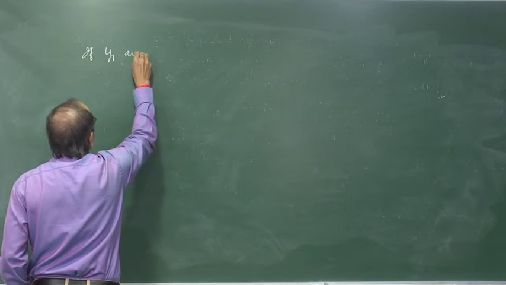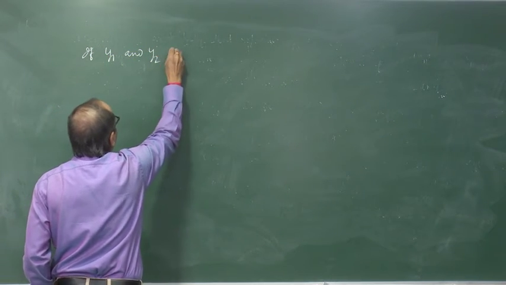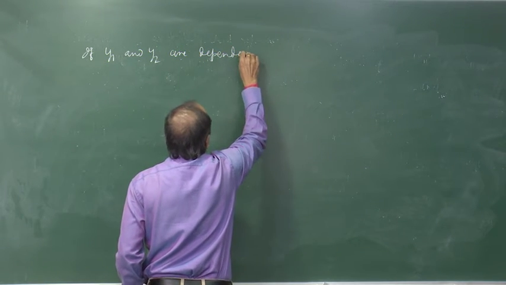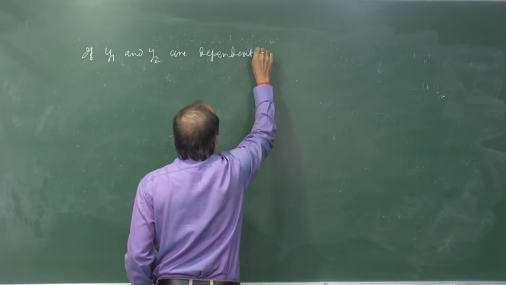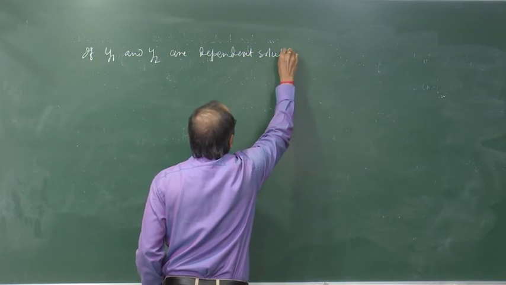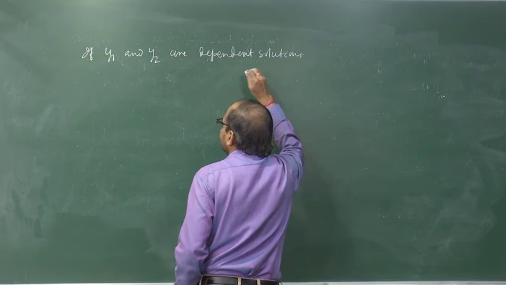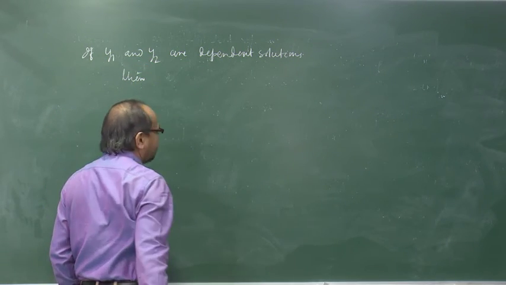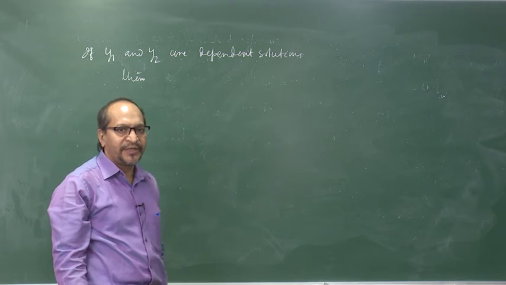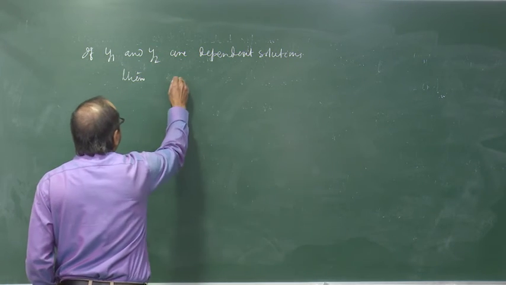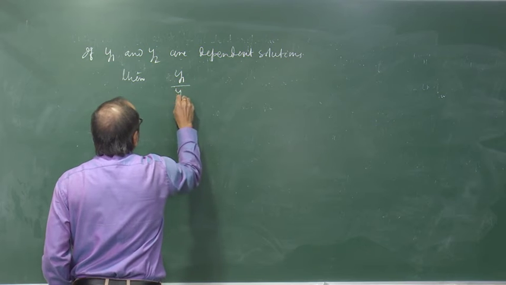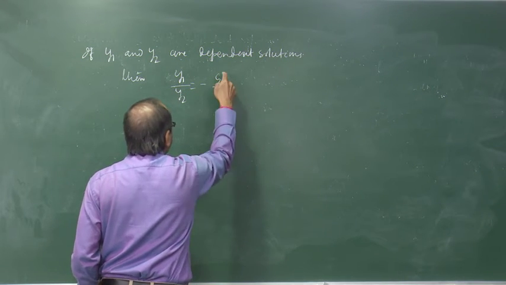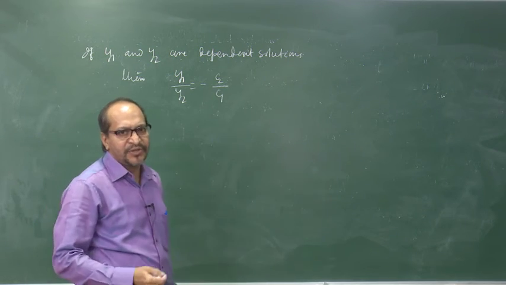Now, if y1 and y2 are dependent solutions, then as we have discussed, they are proportional to each other and their ratio is a constant. So, I can write y1 by y2 is equal to minus C2 by C1. C1 is a constant, C2 is a constant, their ratio is a constant.